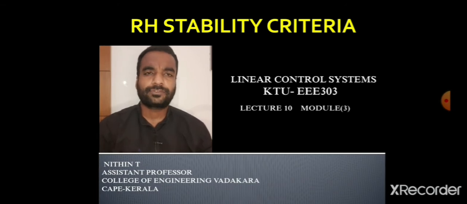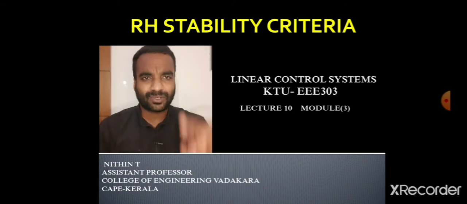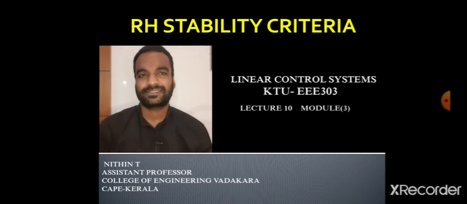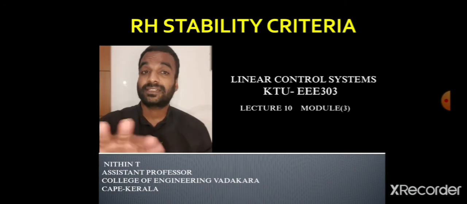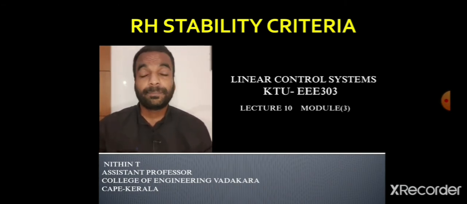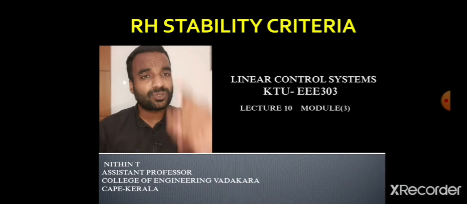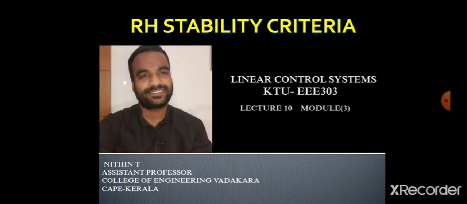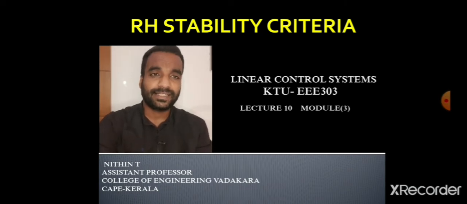If a transfer function has 3 poles on the left side and the remaining 2 poles are placed on the j omega axis, what happens? If you have doubts, you should go to the last lecture and clear these things.